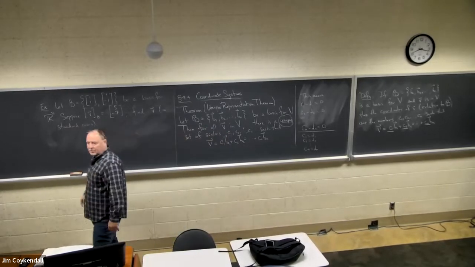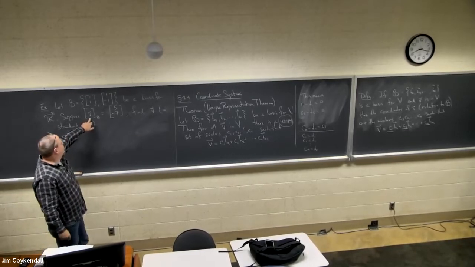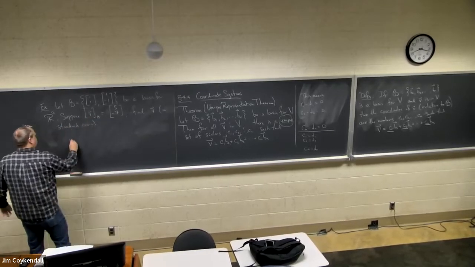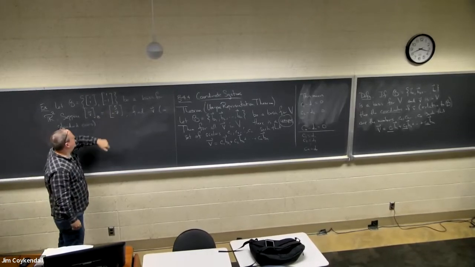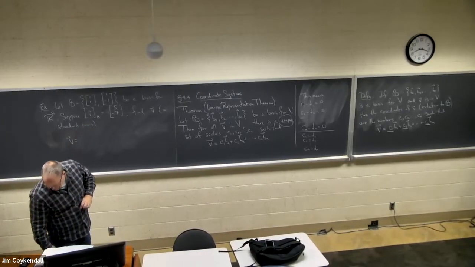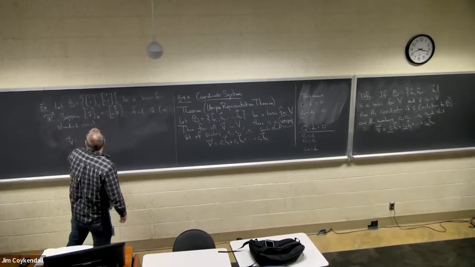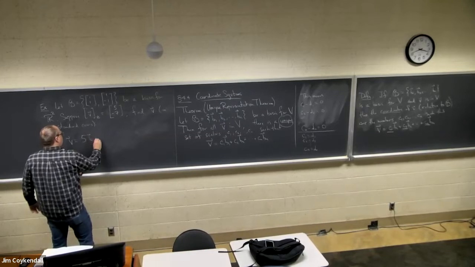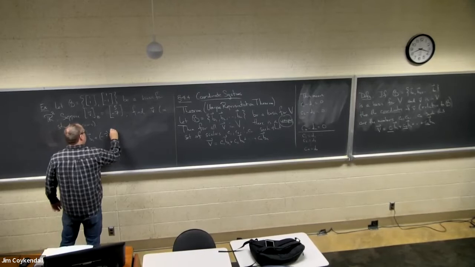This is really kind of to illustrate the notion. So what we have is vector b in terms of this basis B. What does this notation here mean? This means 5 times the vector b1 plus -7 times the vector b2.